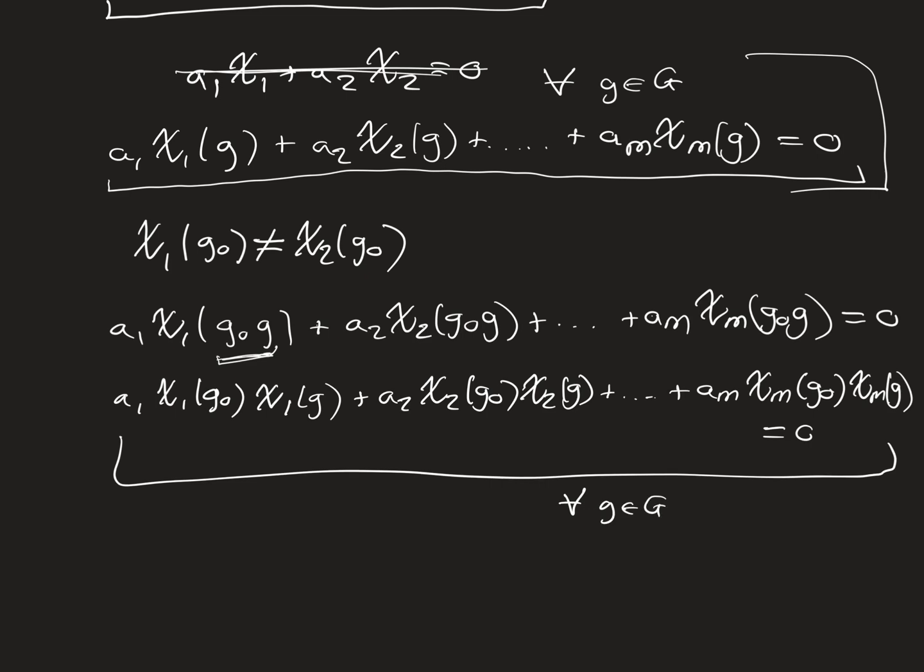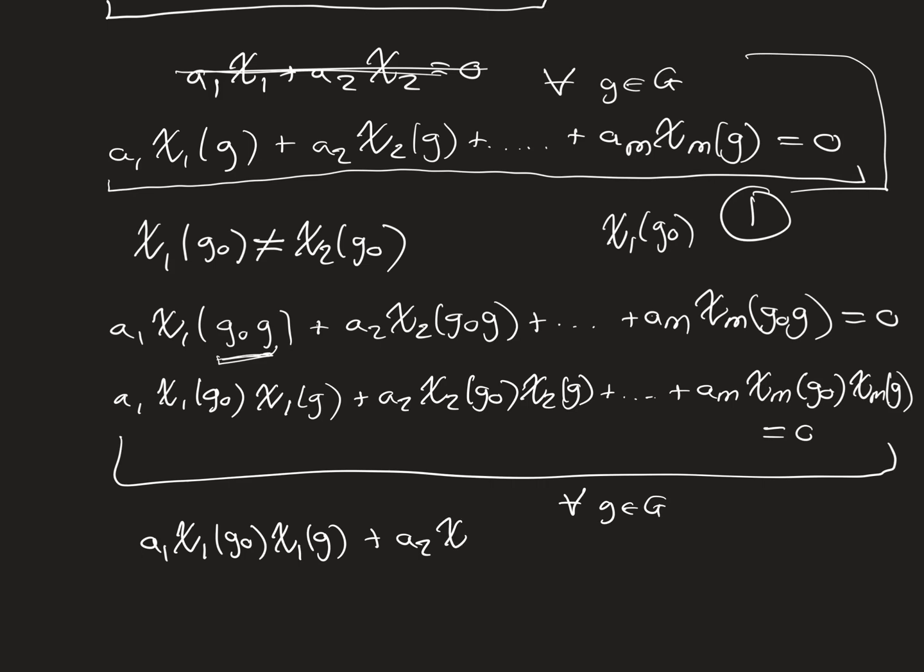So now I'm going to take number 1 up here, and I'm going to multiply it through by chi1 of g0. So if I multiply 1 through by chi1 of g0, I get A1 chi1 of g0, chi1 of g, plus A2 chi1 of g0, everything's being multiplied by chi1 of g0, times chi2 of g, and then it goes all the way up to Am chi1 of g0, chi m of g.